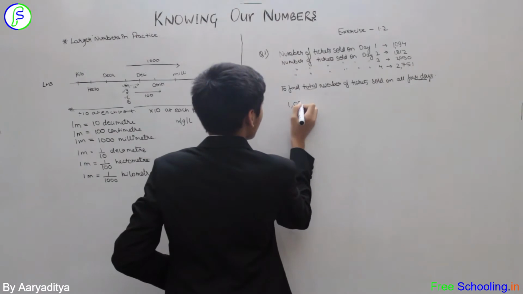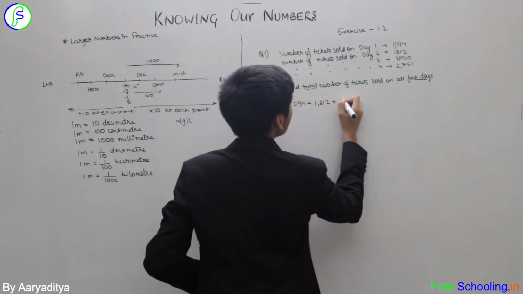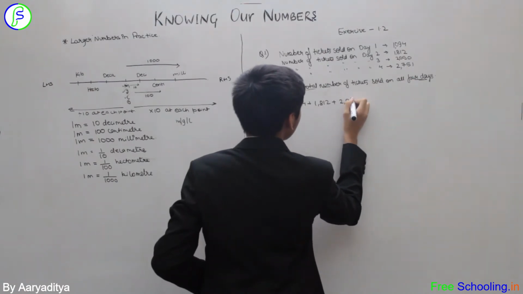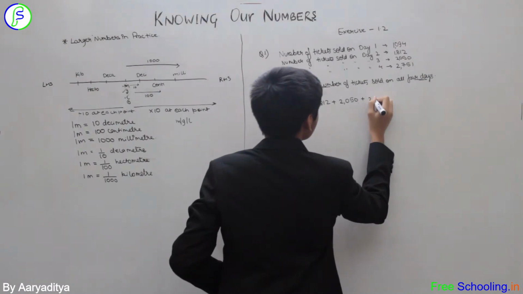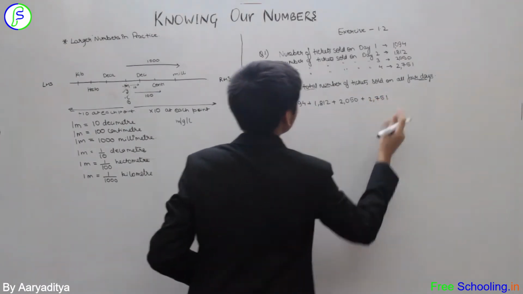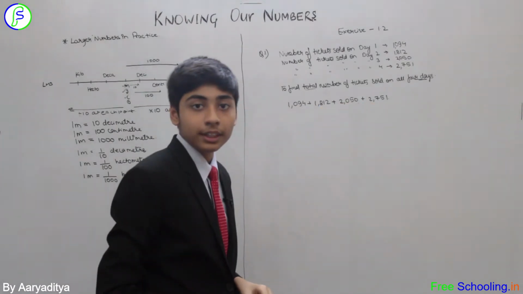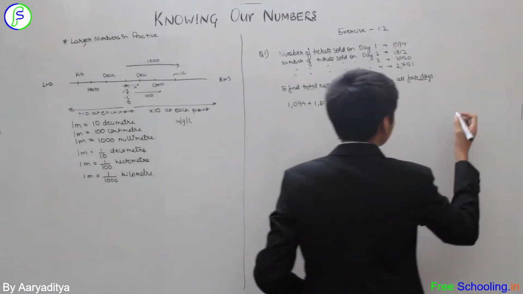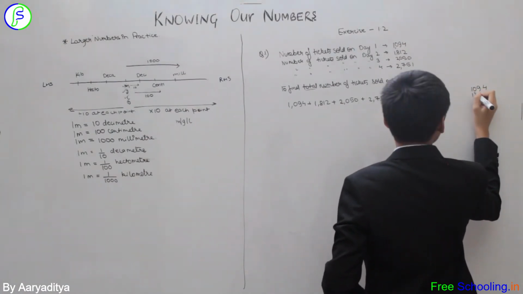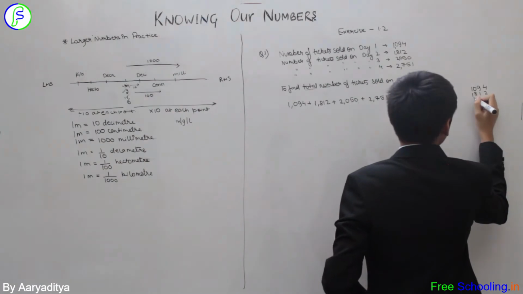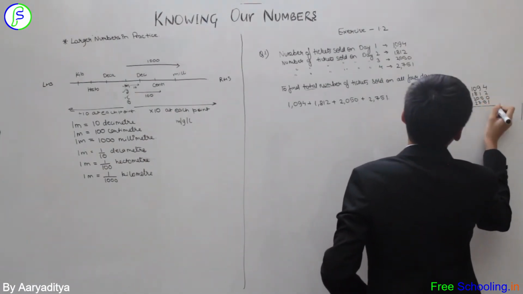So 1094 plus 1812 plus 2050 plus 2751. So whatever we will be getting after adding all the numbers is the answer. So let us do it in a rough first. We say 1094 plus 1812 plus 2050 plus 2751.